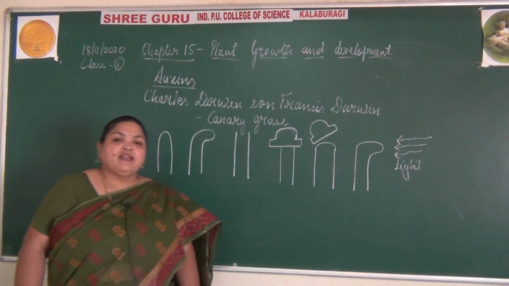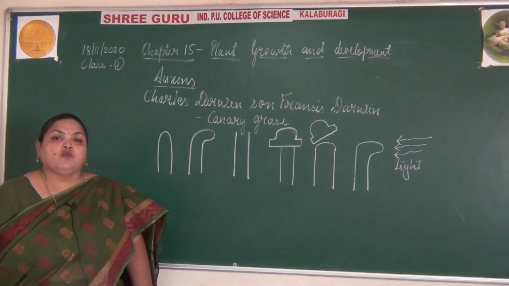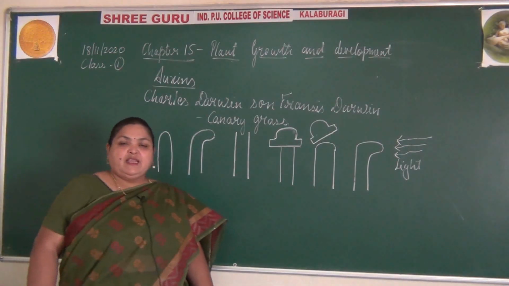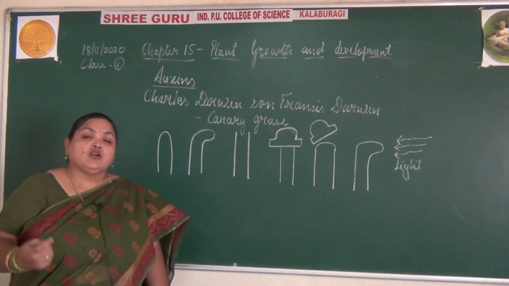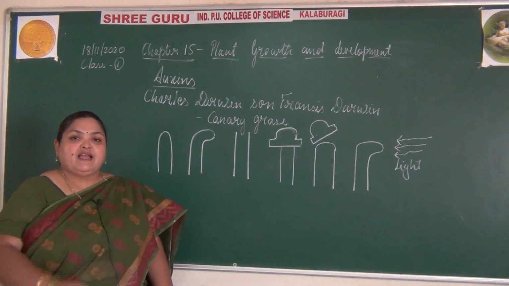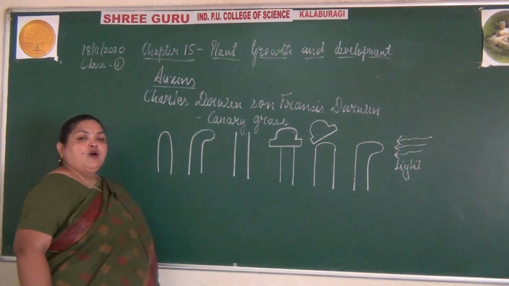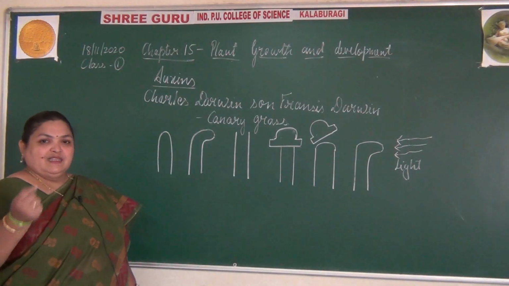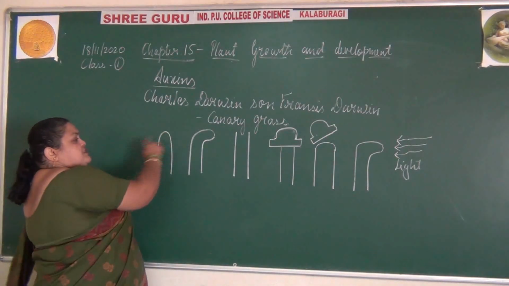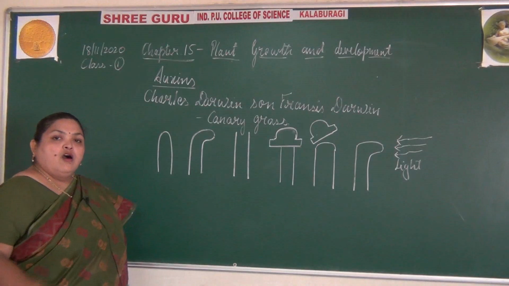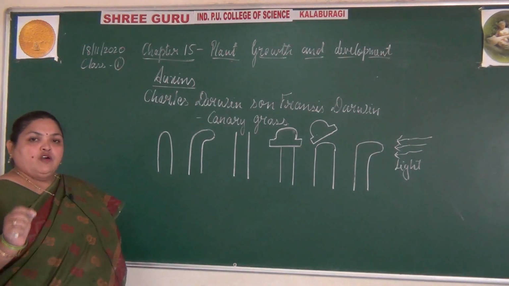In this diagram, let us understand the concept of light and the plant. The tip of the grass is known as the coleoptile, the extreme apex of the shoot.